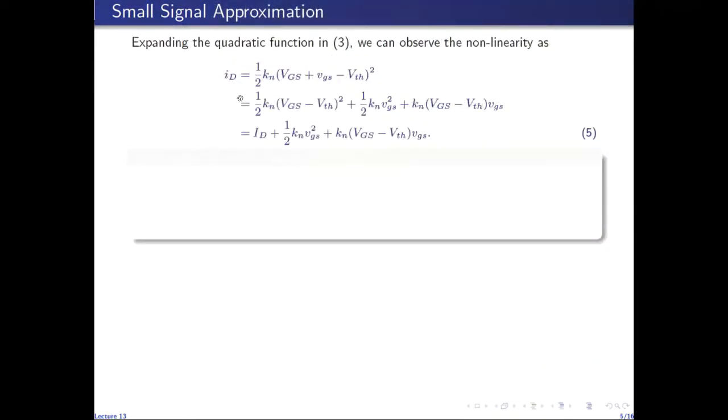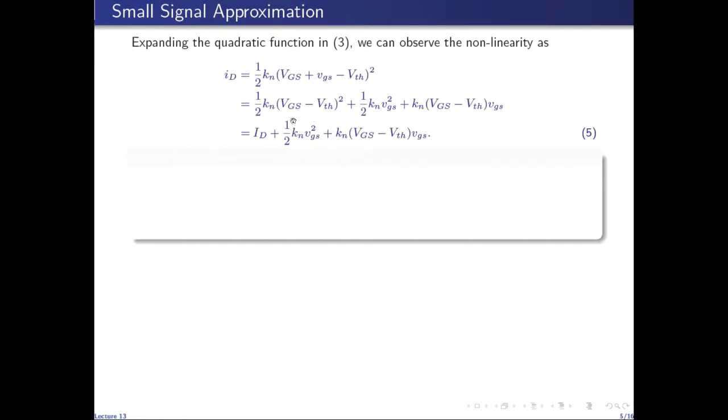So if we expand the total drain current, which was a function of the total gate to source voltage, which is the sum of the DC component of the gate to source voltage and the AC component of the gate to source voltage, then we can separate out the DC and AC terms. When I open the square, I can separate out this DC term from this AC term.